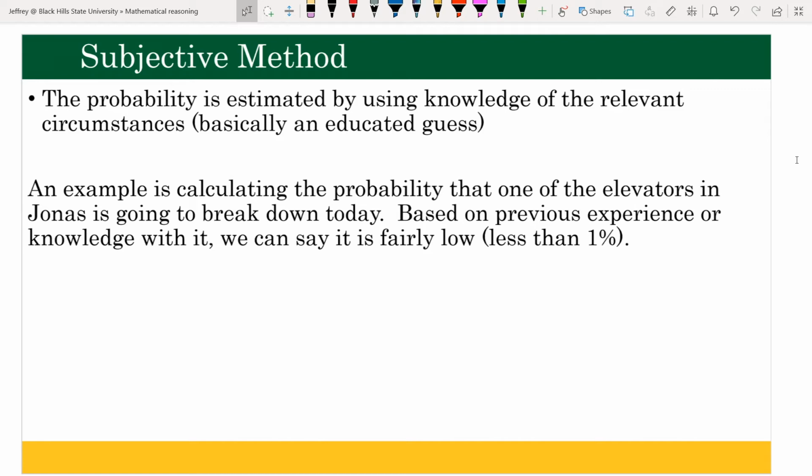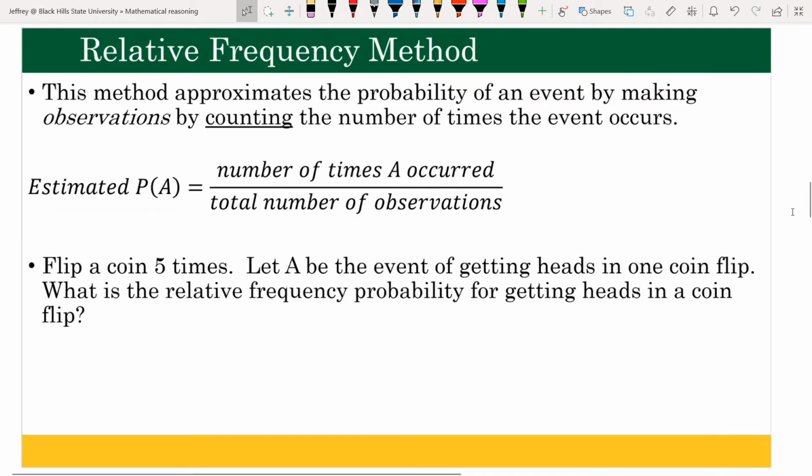You can guess based on previous experience or knowledge, and maybe guess that it's fairly low. So what we're going to focus on mostly in this class is the other two methods, the relative frequency and the theoretical method.